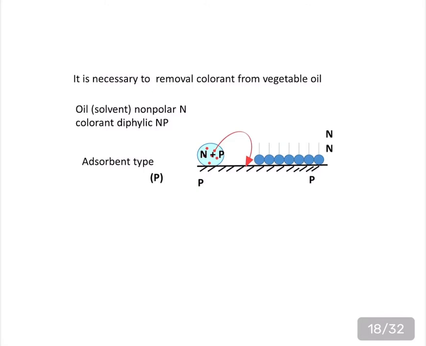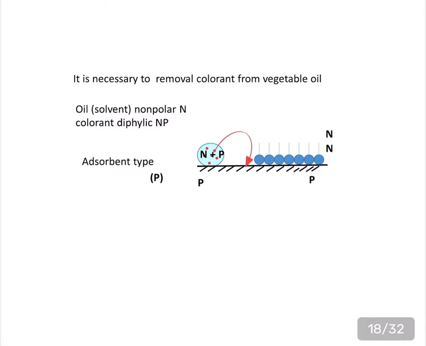So if we choose polar solid material, the diphilic colorant will be removed from the mixture, and it will orient by its polar head to the solid material and its non-polar tails into the solution.